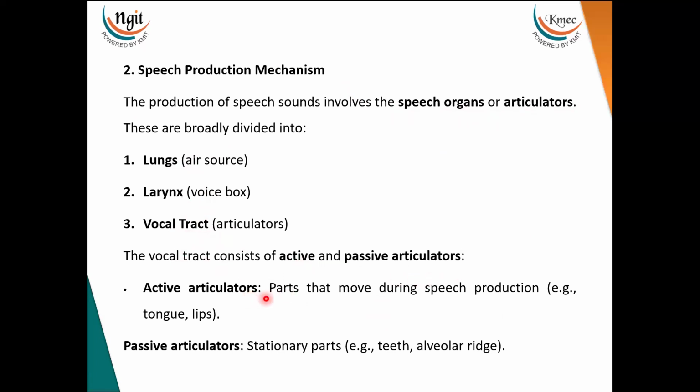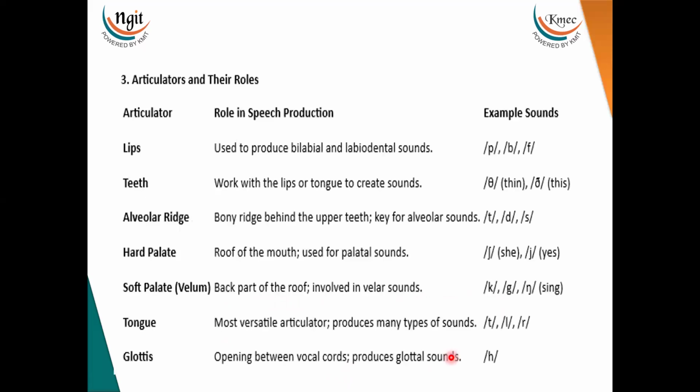Active articulators are parts that move during speech production, for example, tongue and lips. Next, passive articulators, that is stationary parts, for example, teeth and alveolar ridge. We'll see what these are.